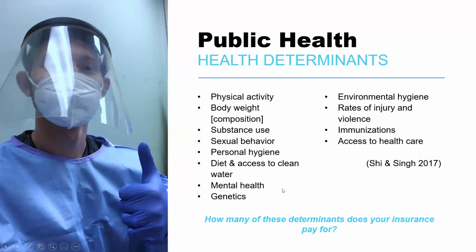Almost everything else on the list is more of a public health or societal issue, like rates of injury and violence. That's the justice system. That's not even health, but it is a health determinant. So what contributes to life expectancy, for example, is a lot more than just what your insurance and out-of-pocket payments cover.